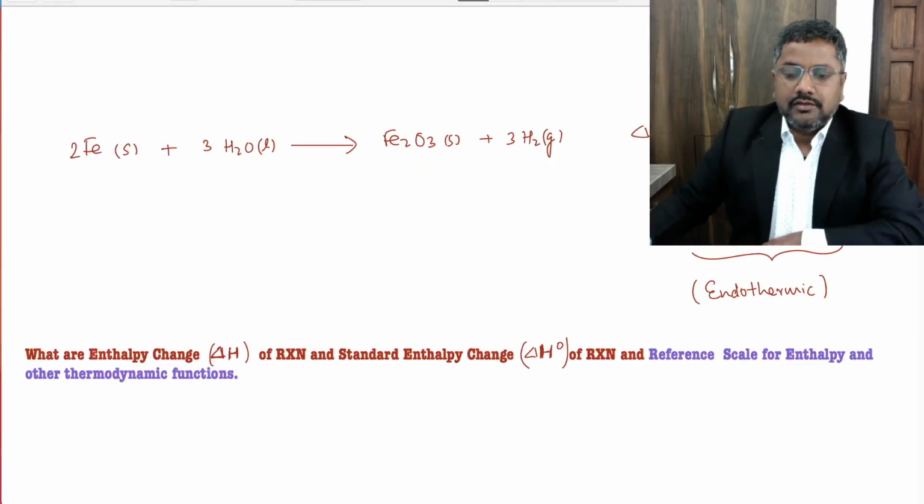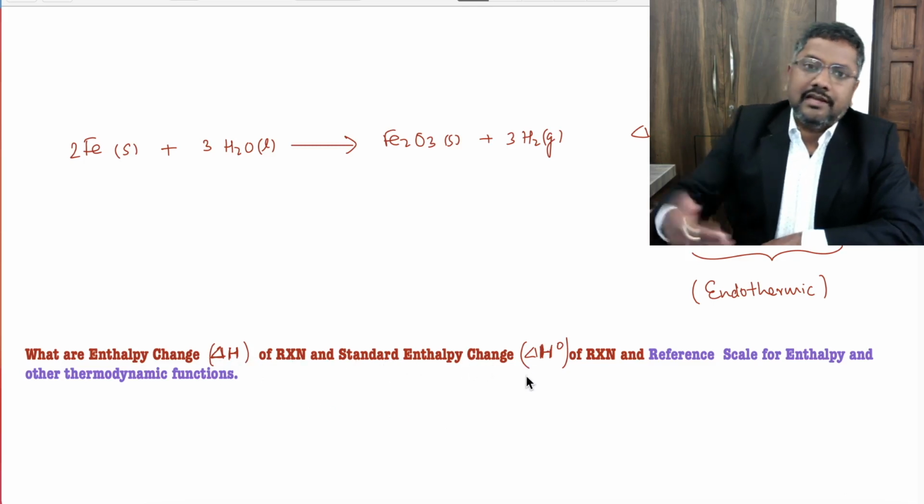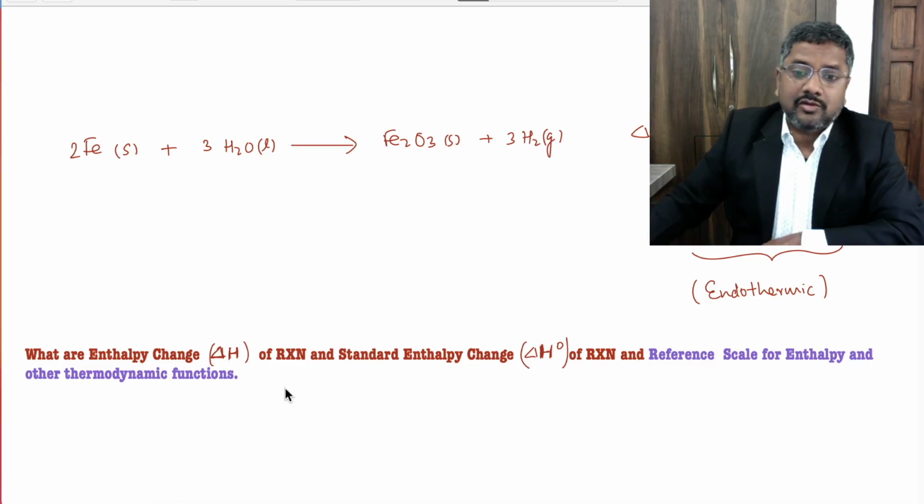Okay. Now see the different terminology here. I have mentioned enthalpy change, the symbol for which is delta H of reaction, and standard enthalpy change. So now we are trying to standardize the condition under which the enthalpy of any reaction is measured, and the reference scale of enthalpy and other thermodynamic functions.